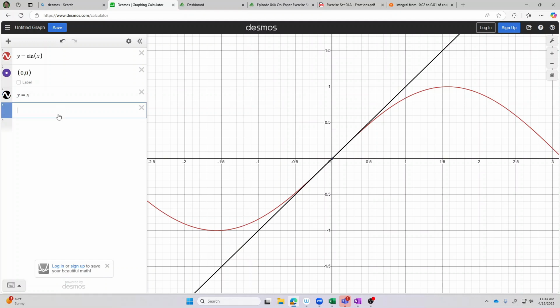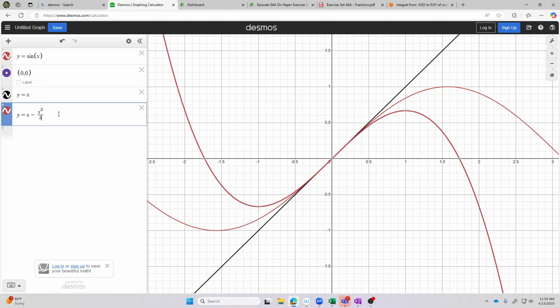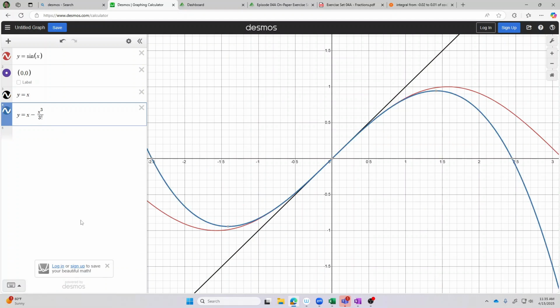So let's see what happens if we crank up the degree of the approximation and we graph the Taylor polynomial of degree 3. So that was x minus x cubed divided by 3 factorial. So the Taylor polynomial of degree 3, we see here in this picture in blue now.